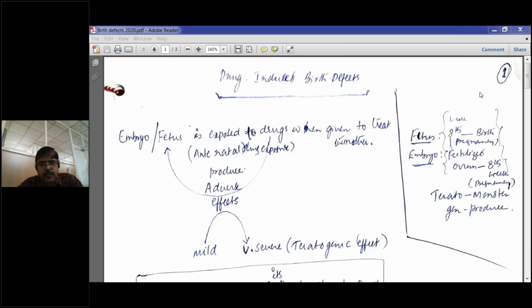Embryo is at the first 2 or 3 weeks of the pregnancy. Sir, initially until the 8th week, I think so. After that, it is called fetus. Initially for how many?